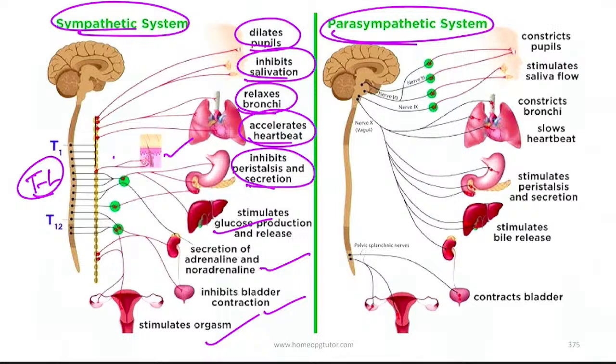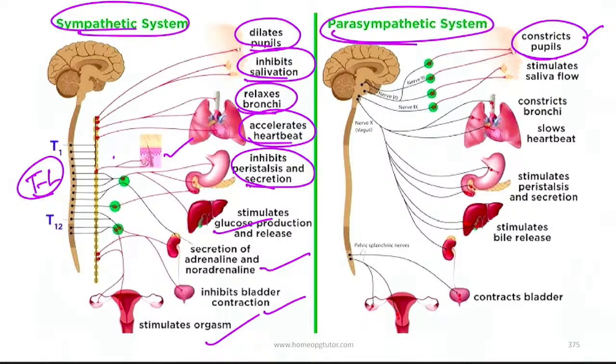But when the parasympathetic nervous system is active, the pupils will constrict, entirely opposite to that of the sympathetic, and this constriction of the pupil happens via the oculomotor nerve. That is why the oculomotor nerve plays a role in the craniosacral outflow. Even though I spoke about the lower cranial nerves, the upper cranial nerve, the oculomotor nerve, also has an action on the parasympathetic system.